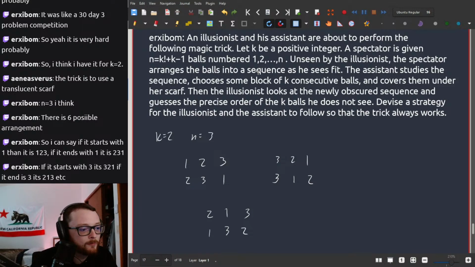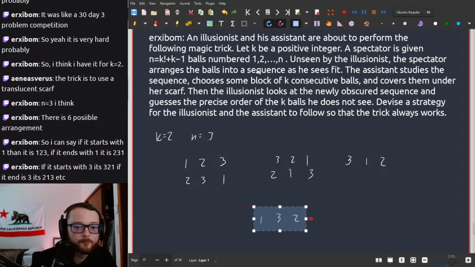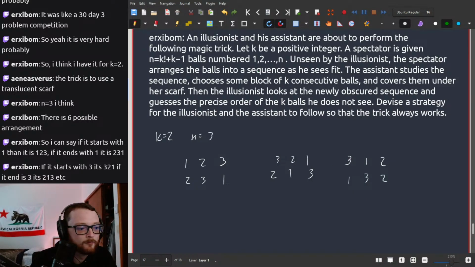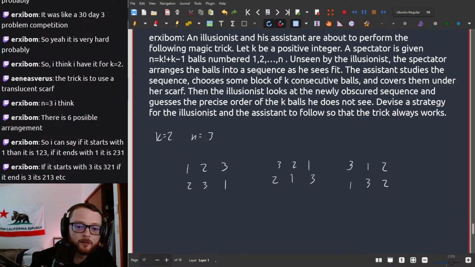3, 2, 1. It ends with 3. It's 2, 1, 3. Oh, wait. Actually, does that work? Because how do we deal with these last 2 cases?